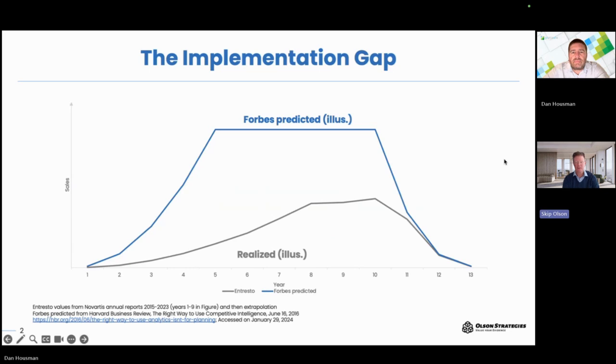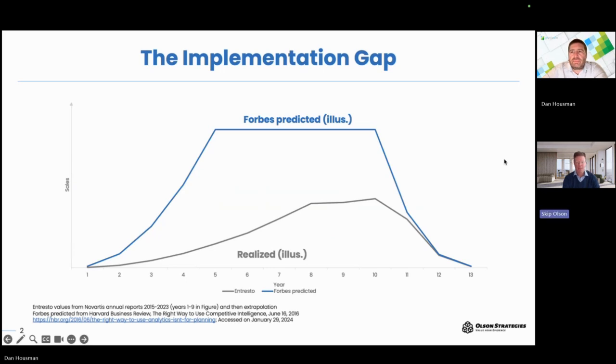So you can think about it as either sales or the number of patients who are actually getting prescribed onto a new medication. And the uptake is quite slow for the first 5 or 6 years. Then the uptake picks up a little bit, and then you hit peak sales, and it stays at peak sales for a number of years, and then loss of exclusivity, and it drops off.